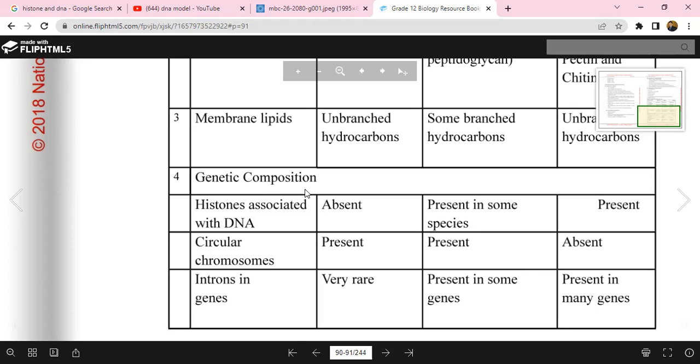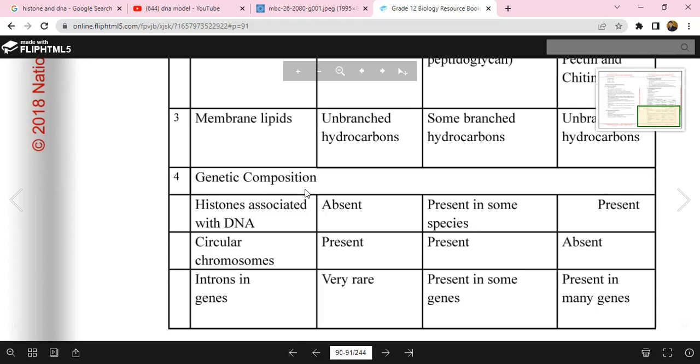Okay. Archaea is a prokaryote, but in some species at least, histone is associated with DNA. Clear? Yes, sir. Right.